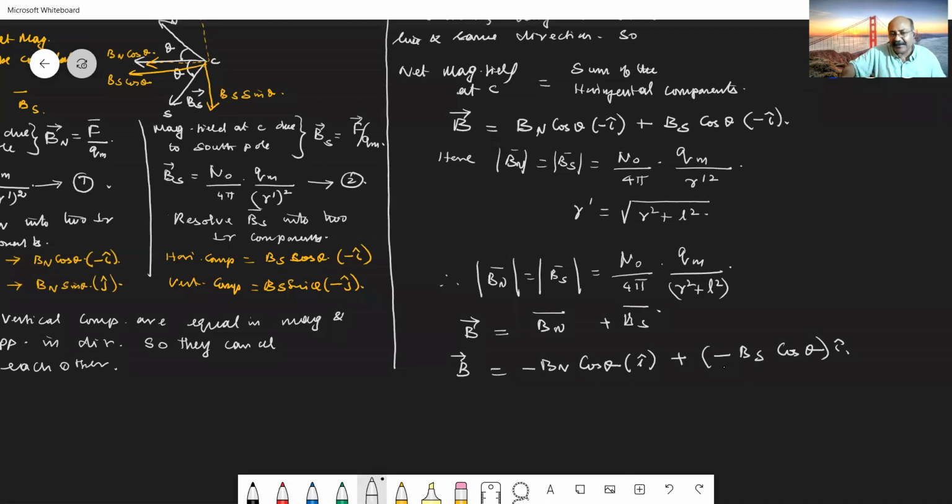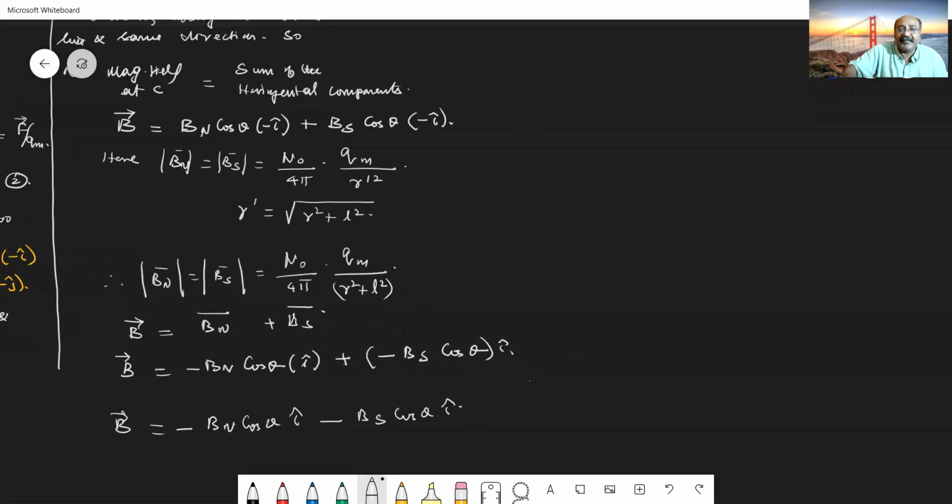That is what I have written here, and I am writing it again. So B vector is equal to, here we have to substitute for Bn and Bs. We said both are the same. Minus of Bn into cos theta i cap plus minus of Bs into cos theta i cap. Now let us simplify. I can write B vector is equal to minus of Bn cos theta i minus of Bs cos theta i.